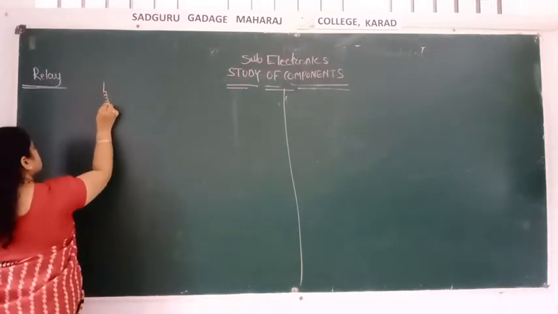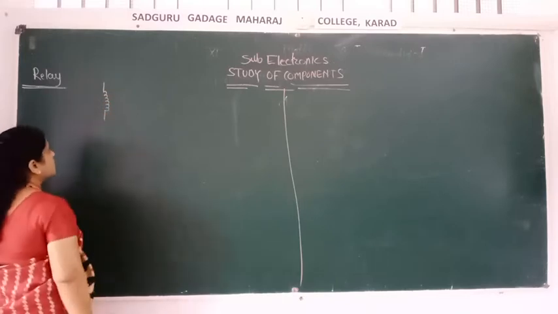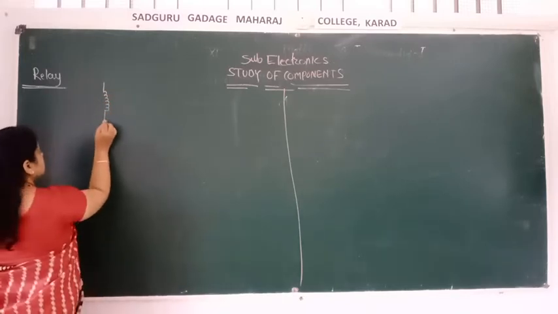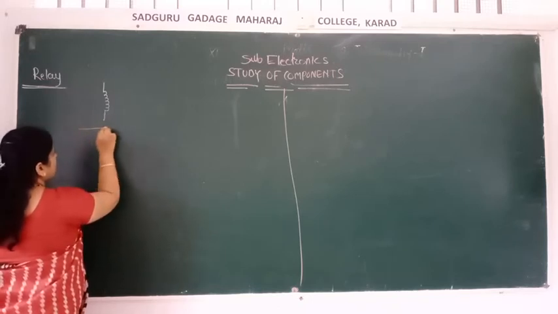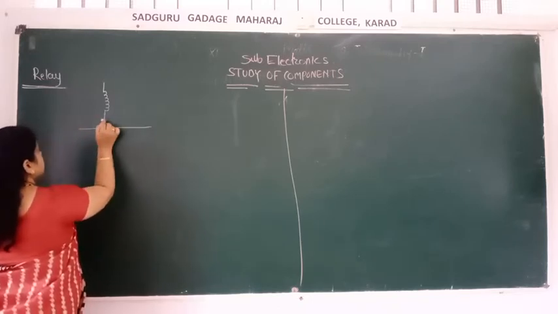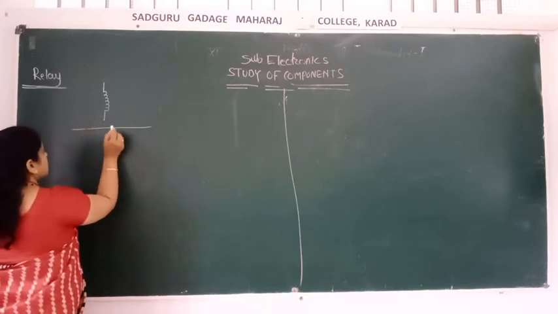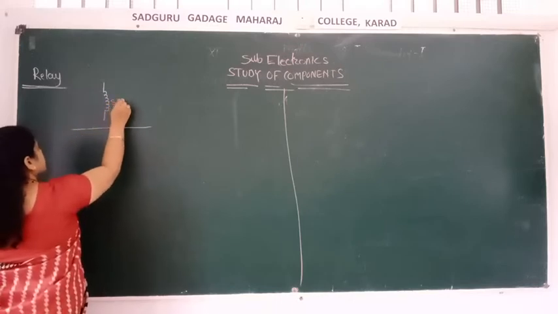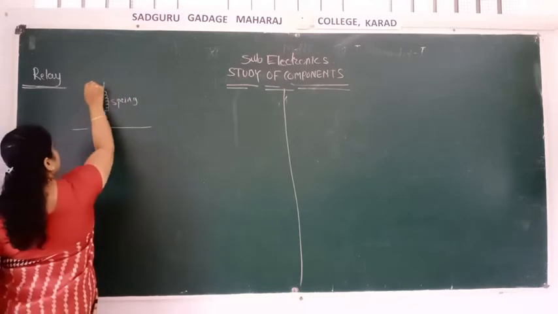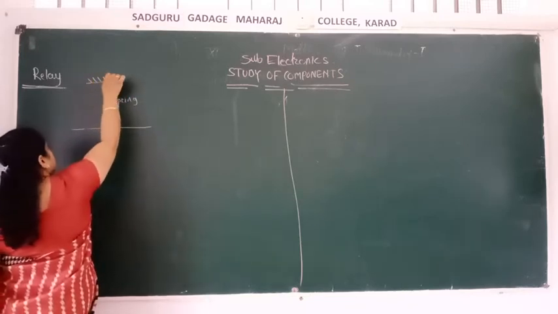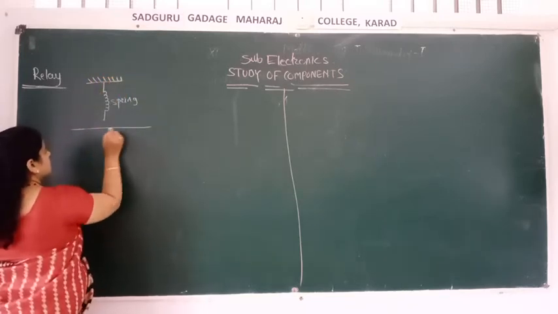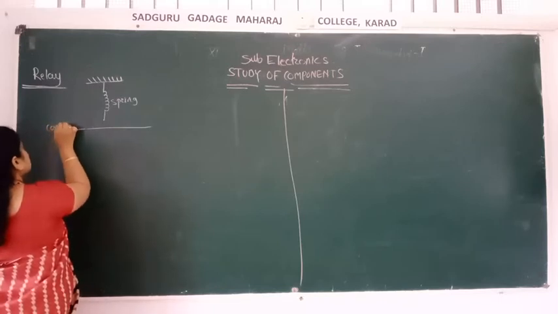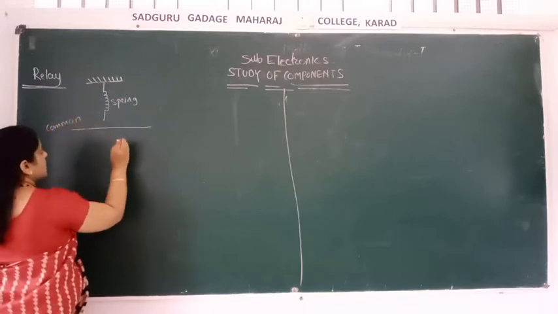This is what? This is the spring. Okay, so here one common line is there. Is what? Is the spring. Suppose these are, what is the common line is there.